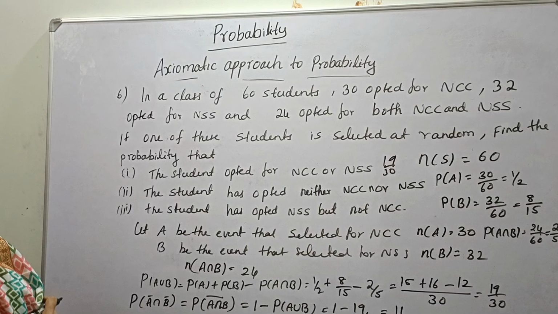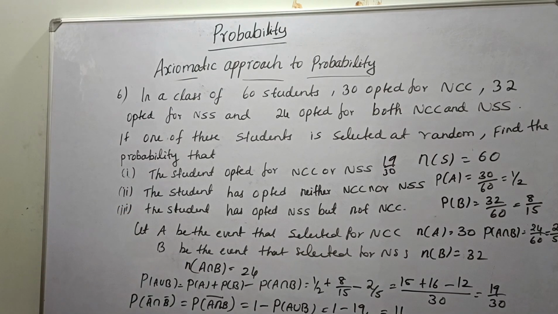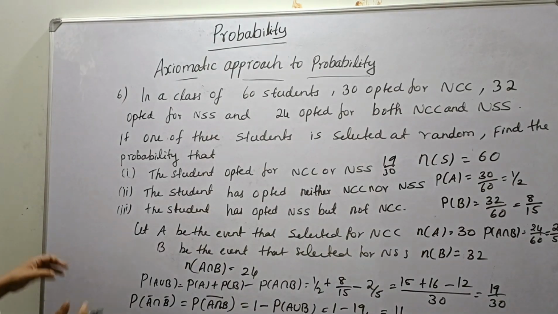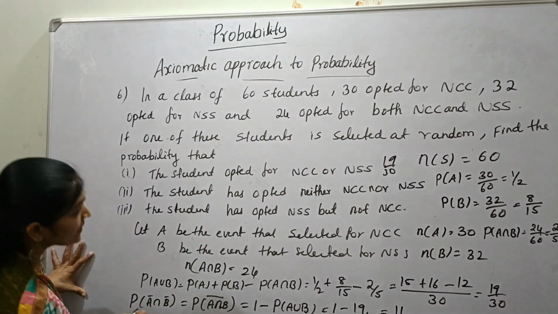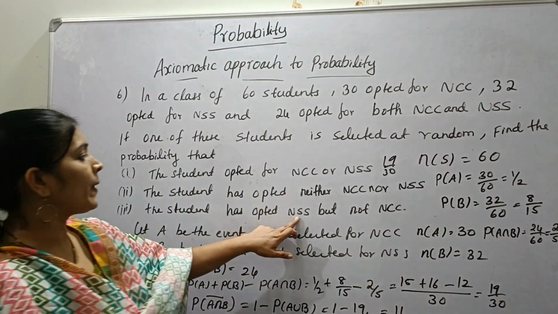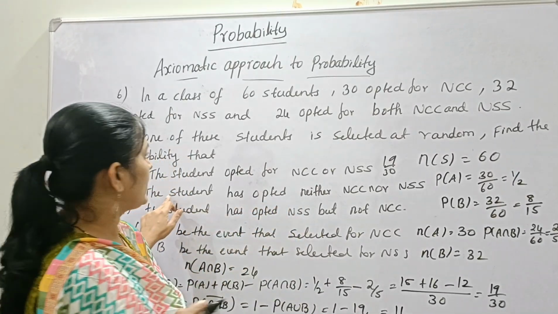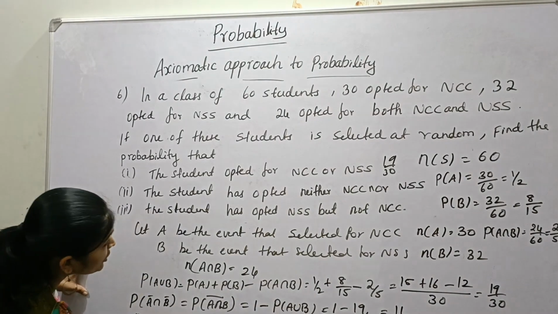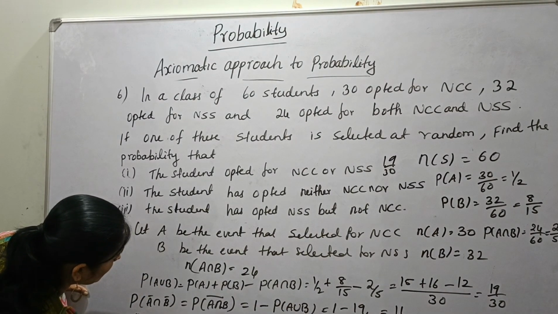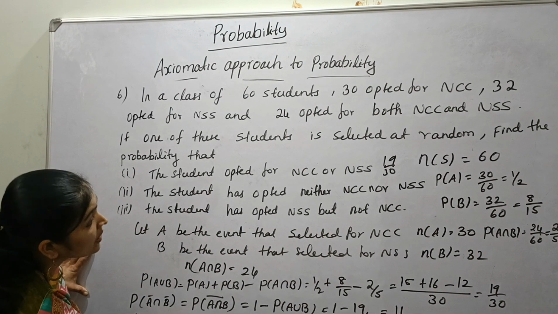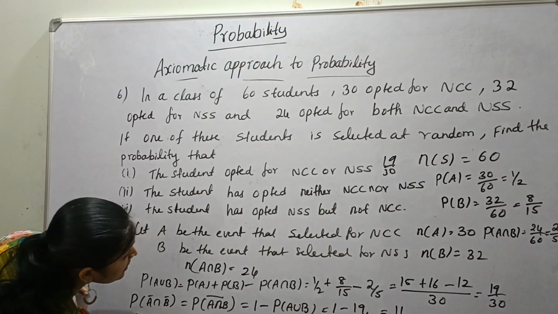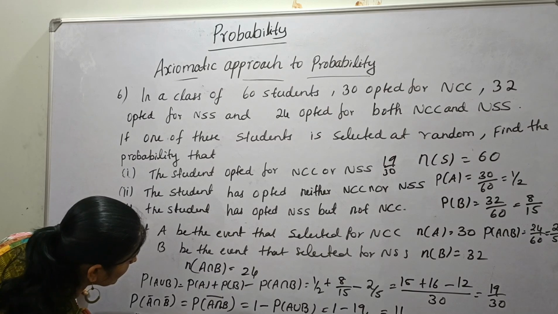So 11 by 30. Next is the student has opted NSS but not NCC. NSS means B, right? So here we can write probability of B but not NCC, that is, in the section A complement.